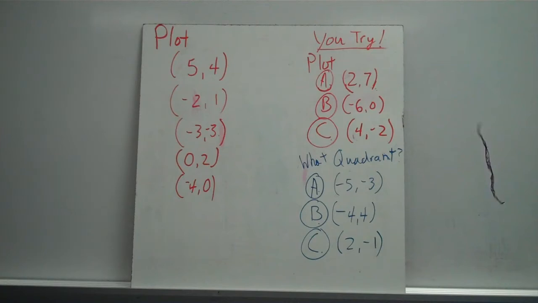On the right-hand side are the U-tries. So go ahead and pause the video and plot the first 3 points. And then for the last 3 points, tell me what quadrant those are in. Okay. Let's see how we did here.